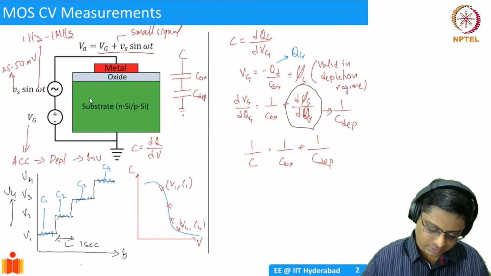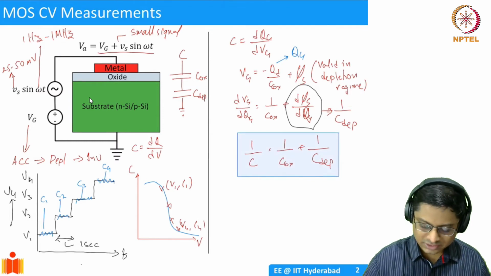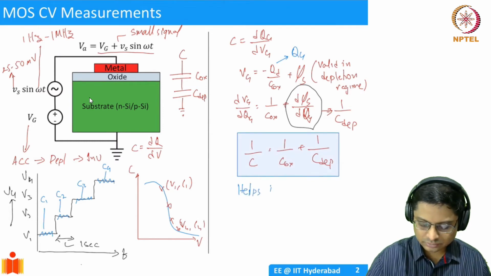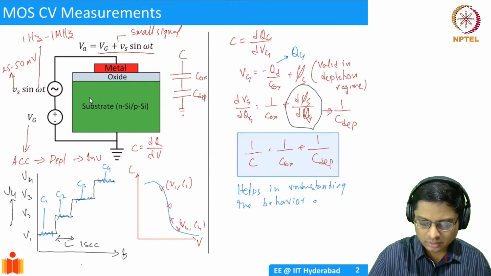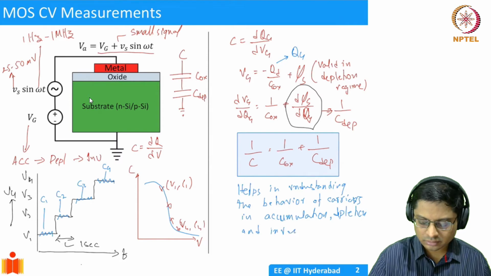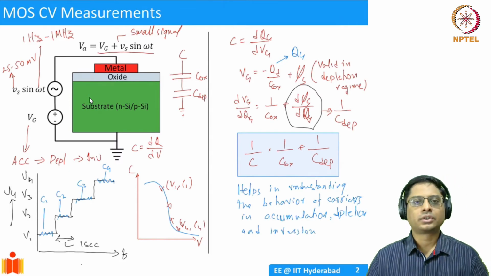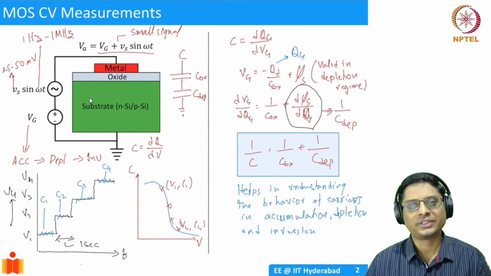This relation helps in understanding the behavior of carriers in accumulation, depletion, and inversion. We study this function, how this is happening. That is the CV analysis.